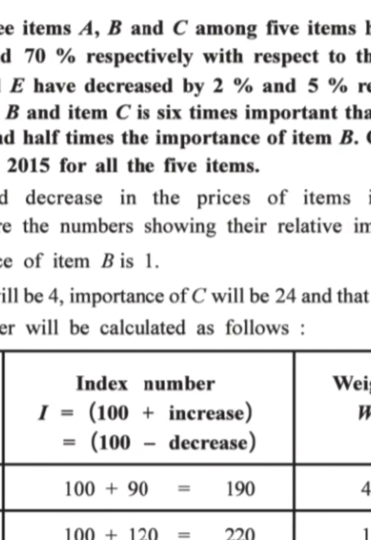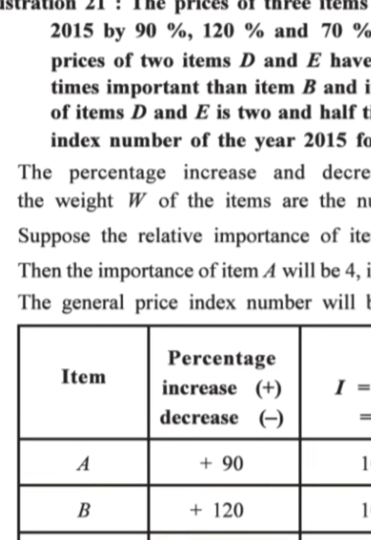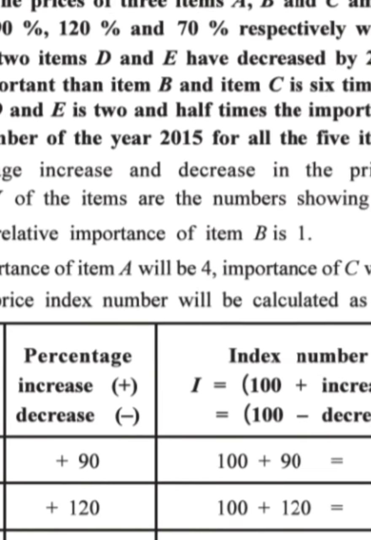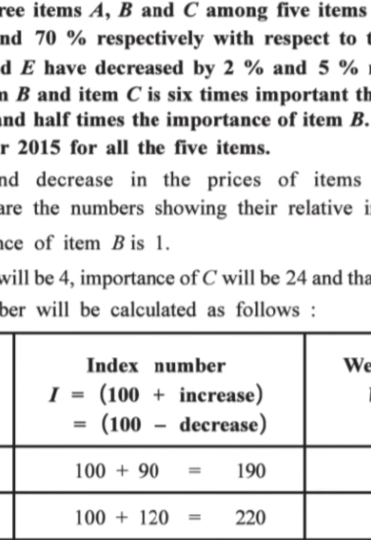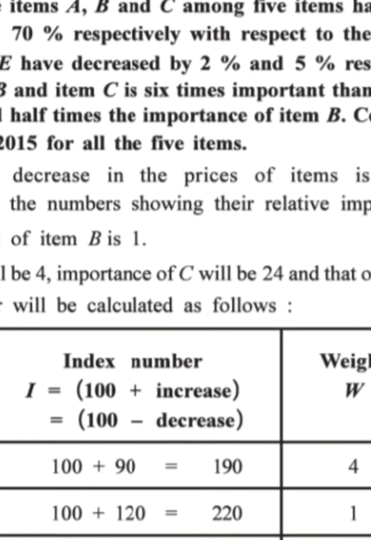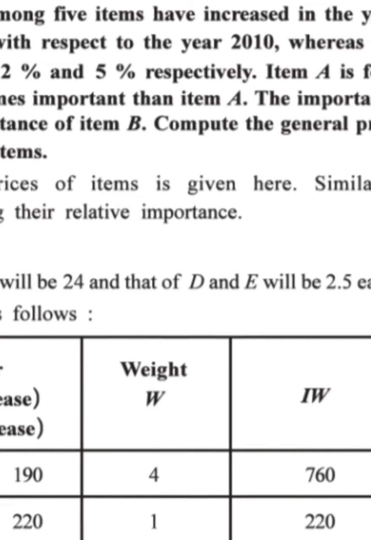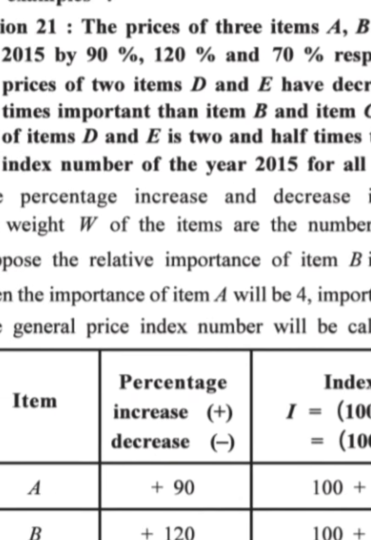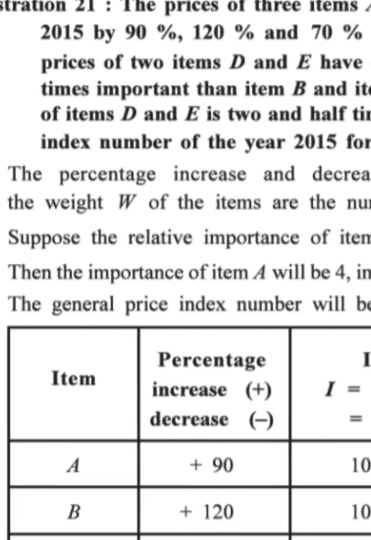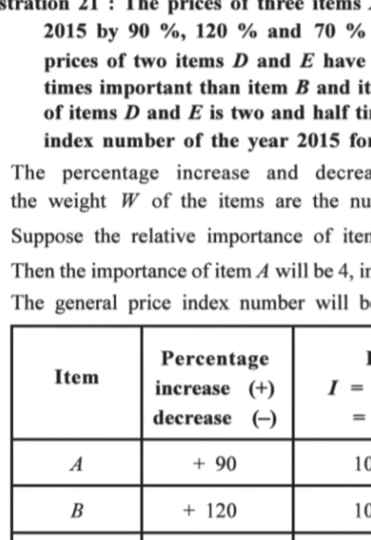Whereas the prices of the 2 items, D and E, have decreased, by 2% and 5% respectively. Now they have given that item A is 4 times as important as item B. Children, they have talked about the importance of the items, so that becomes our weight.